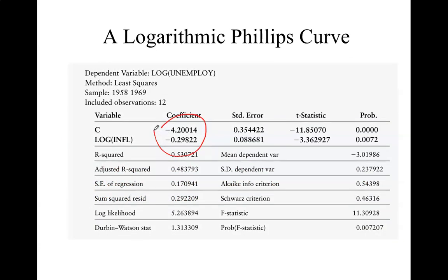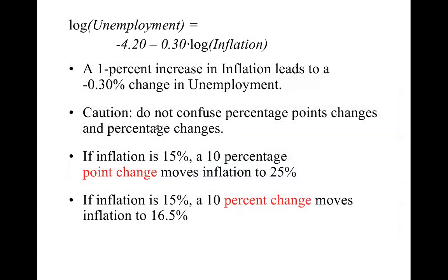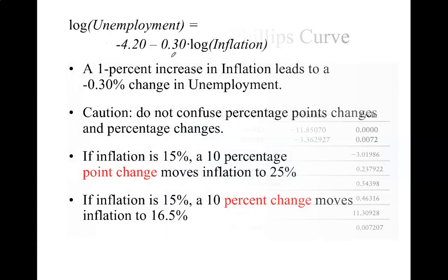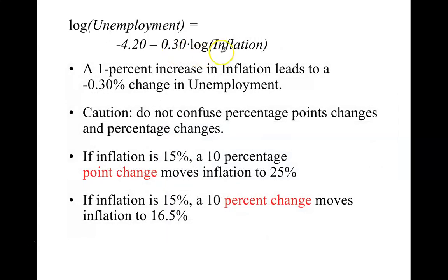Here we still have negative, but it's 0.29. If rounded to 2 decimal points, it becomes 0.3. This is the new result after logarithm. So a 1% increase in inflation leads to a 0.3 percentage change in unemployment. Again, do not confuse percentage point and percentage change.